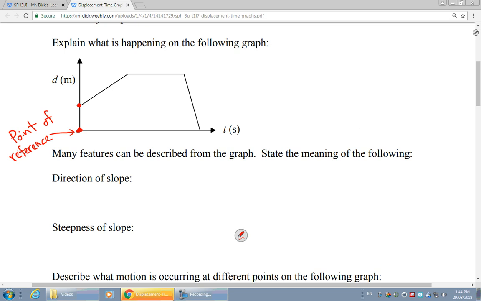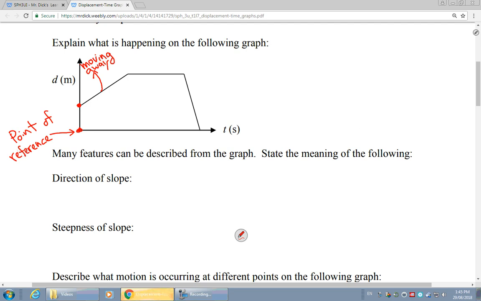If you're increasing the number of meters you are away from your reference point, that means you're moving away. So for that entire section that's slanting upwards, the object must be moving away, and that's why the number of meters between it and the reference point is increasing.